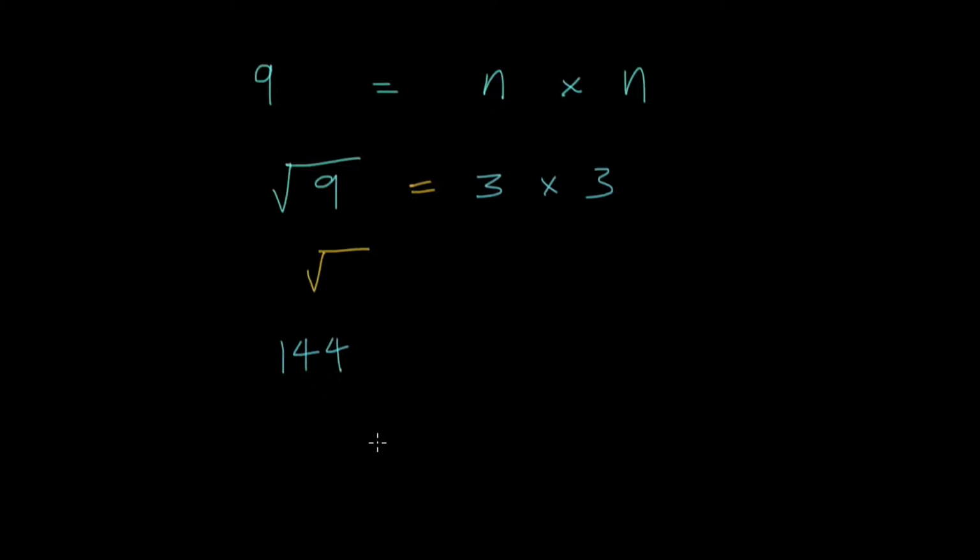Maybe after some practice you will. If we take the square root of 144, you could punch this into your calculator or you could solve by factoring, and then you'd know that 12 times 12 gives you 144. So we say that the square root of 144 is 12.